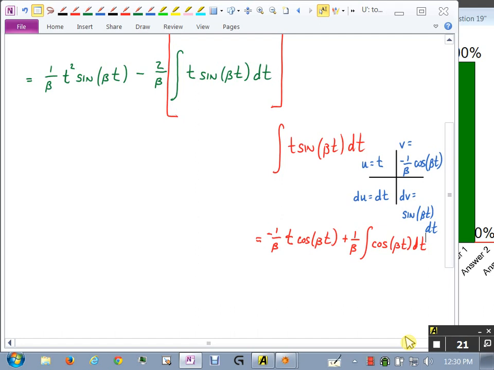What's the antiderivative of cosine beta t? Because that's the only thing left in that integral. 1 over beta sine beta t. So I'm rewriting all of this still. Now here's my antiderivative. So I just bring my 1 over beta, right? The antiderivative of this is this.